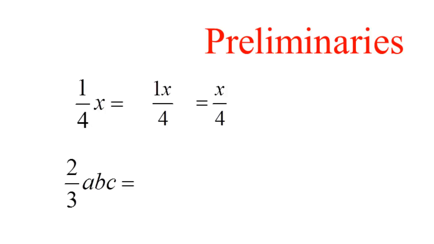2/3 of ABC, again, we can write ABC as ABC over 1. And then we can multiply 2 times ABC, that's 2ABC in our numerator, divided by 3 times 1, which is 3. So if we have 2/3 of our ABC, we can write this as 2ABC divided by 3.